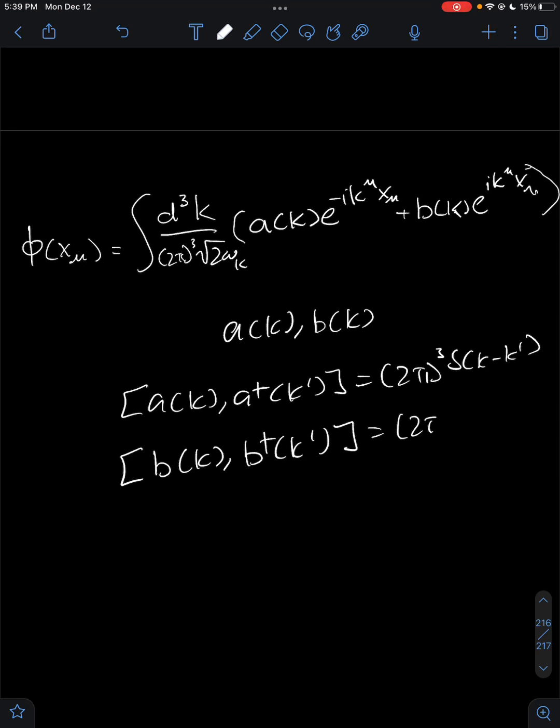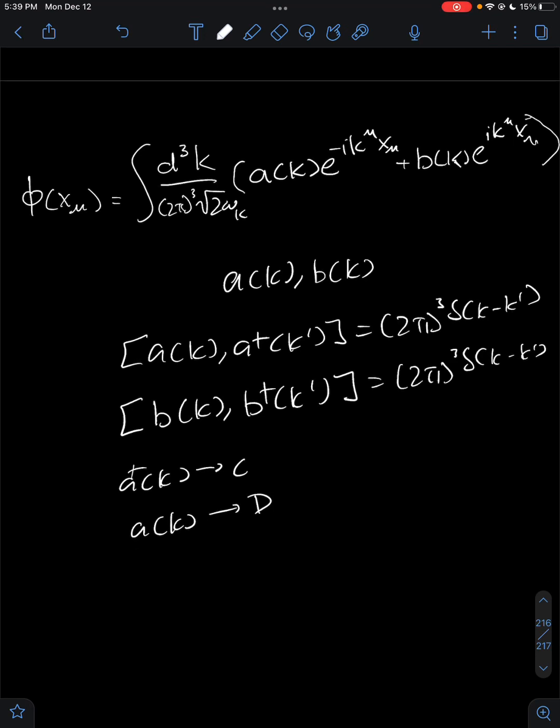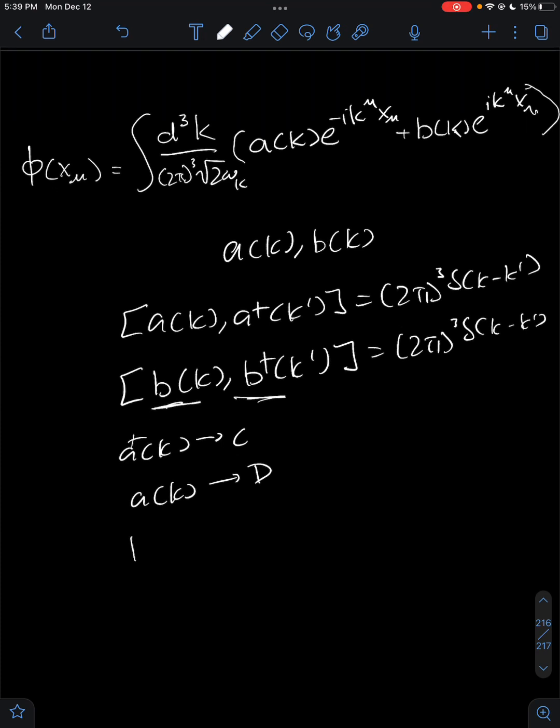And as we'd expect, if we do the second quantization procedure, a†(k) creates particles, and a(k) will destroy particles, right? But what about b(k) and b†(k)? We also have a similar set of coefficients, b(k) and b†(k).